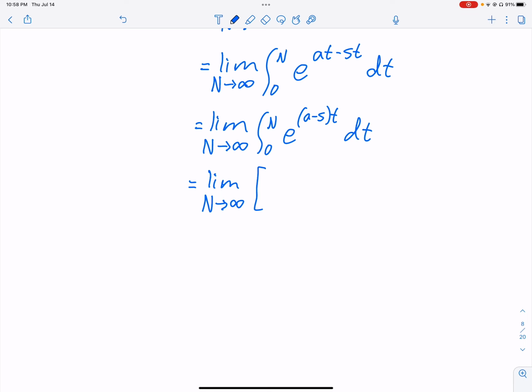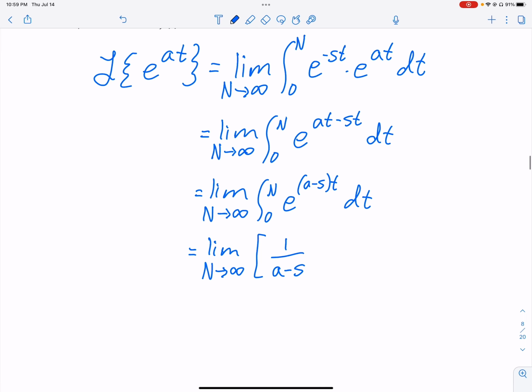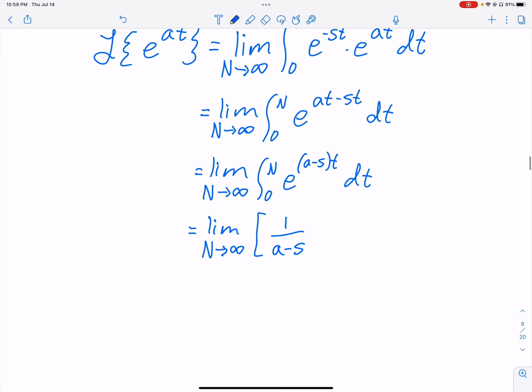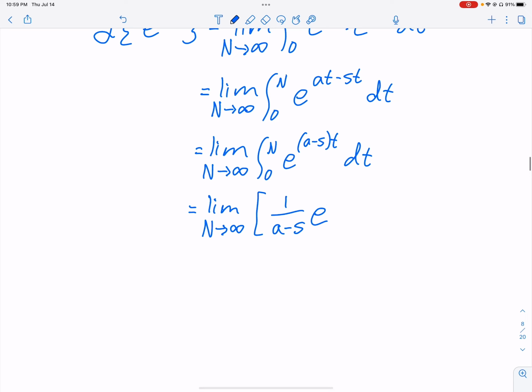This is with respect to t. So we are going to get one over a minus s, right? And hold on, let's make sure that's good. Yep, right. E to the a minus s t. And that's ran from 0 to n.